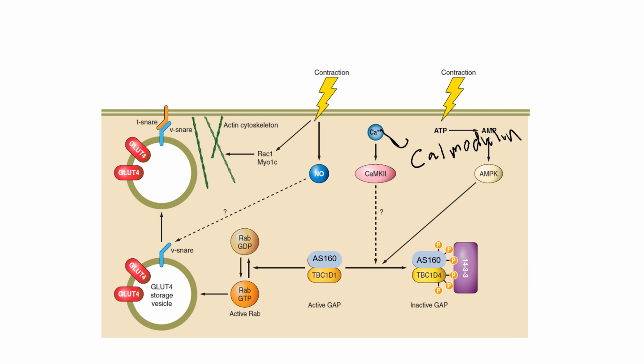And then calcium calmodulin, the complex, will bind to and activate what are called calcium calmodulin dependent kinases. So calcium calmodulin dependent kinases, there's a variety of different kinases. Rather than going through all the different ones, we'll just say calcium calmodulin dependent kinase. We'll make it singular.